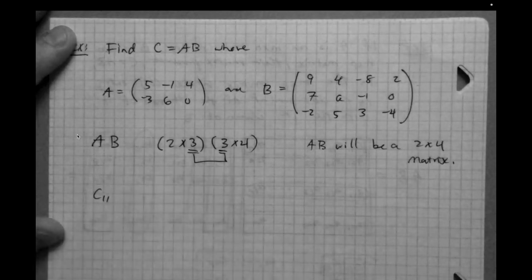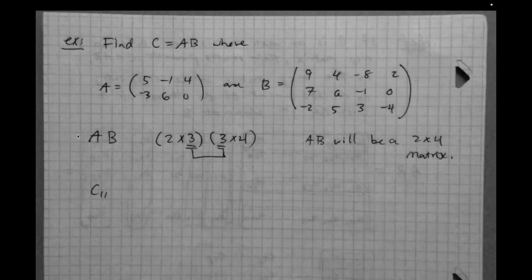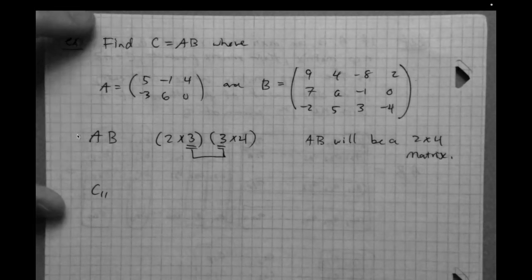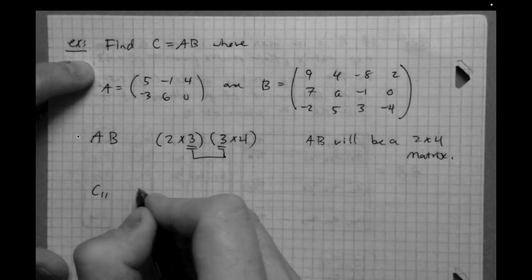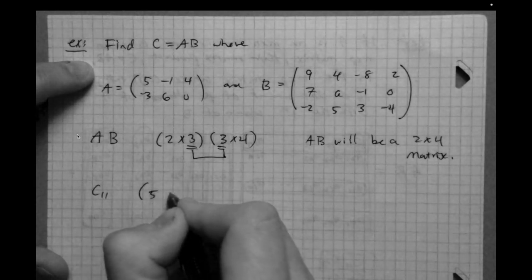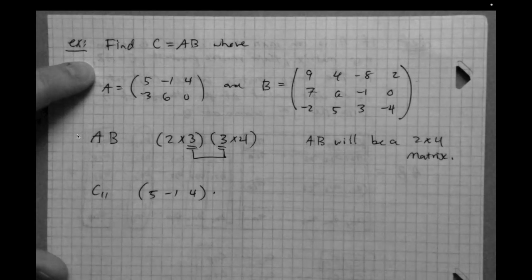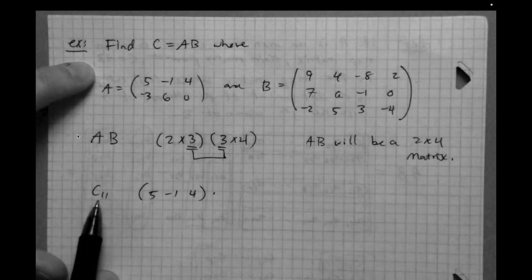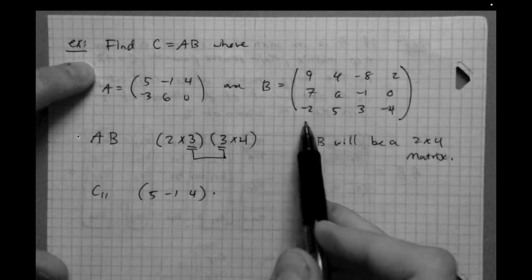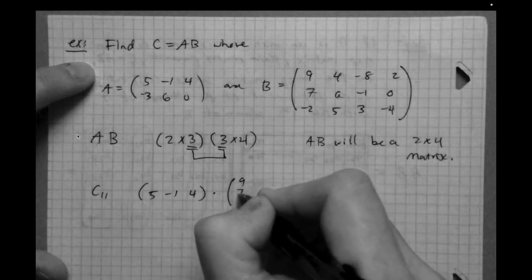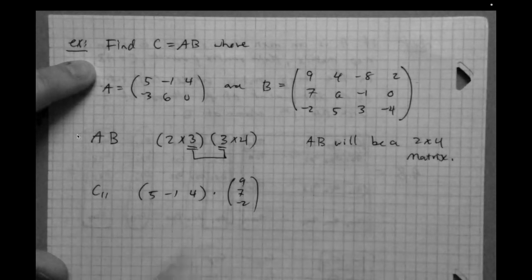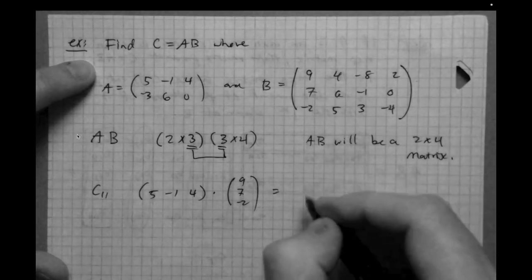Let's talk about what C11 is going to be. C11 is going to be the first row of A, so that is 5, -1, 4. We're going to dot that with the first column of B, so 9, 7, -2. Remember, the dot product is a simple thing.